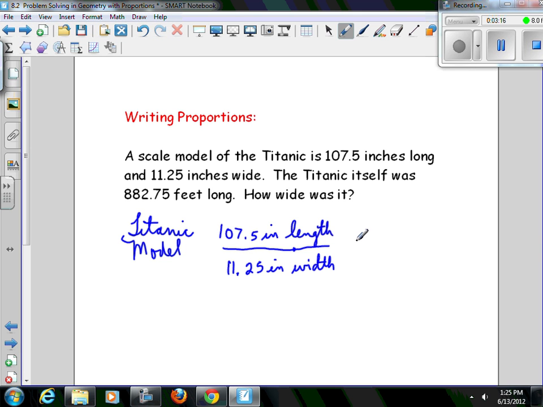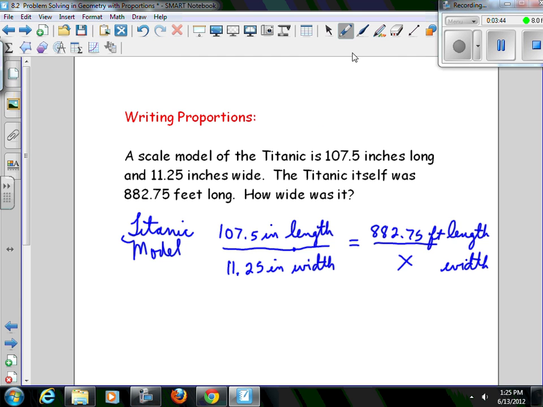Well, the actual Titanic should be proportional to the model. So let's see what the length and the width of the actual Titanic was. Well, we're told that the length of the actual Titanic was 882.75 feet long, and we're asked to find the width. So that's our x. That's our unknown in this case.